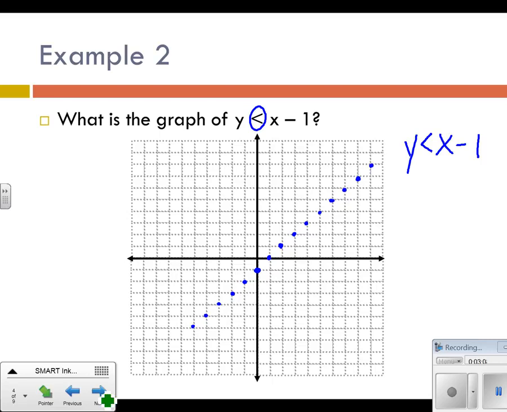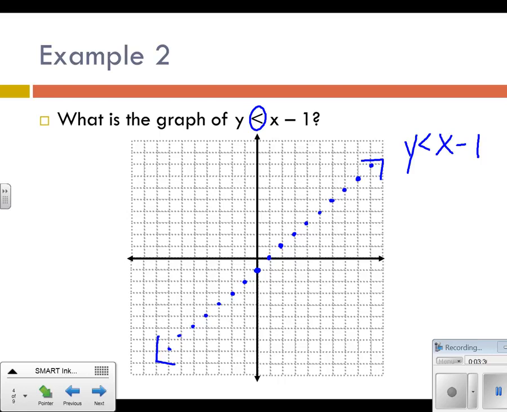Once again, if it would have been less than or equal to, it would be a solid line, but points on the line are not going to be solutions if it's less than. So once again, this is going to be a dotted line, or if you want to put dashes through your line, that's fine.